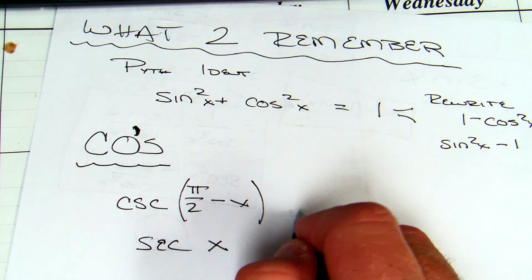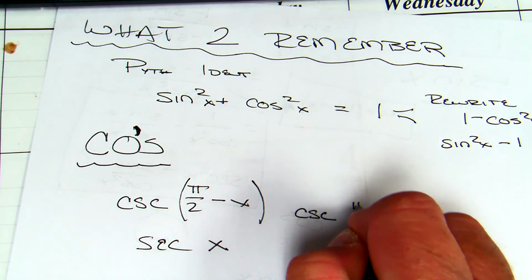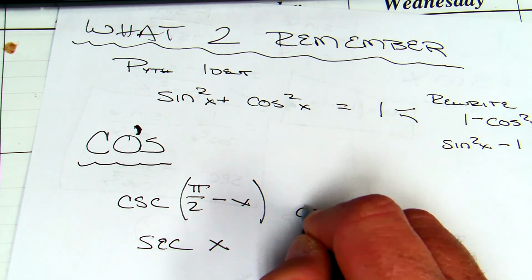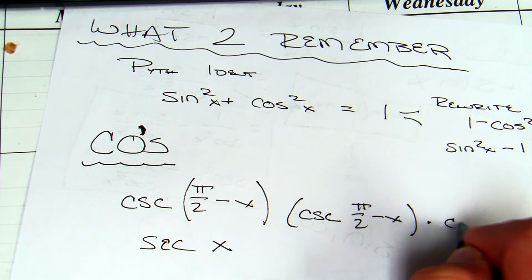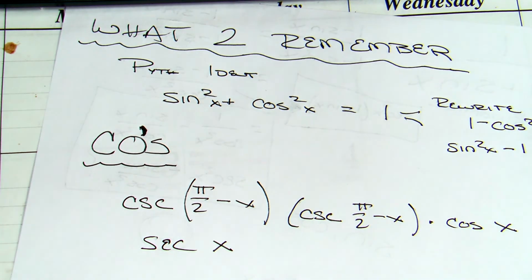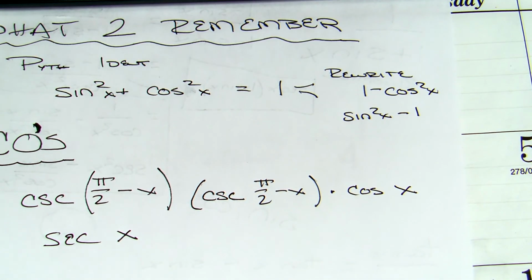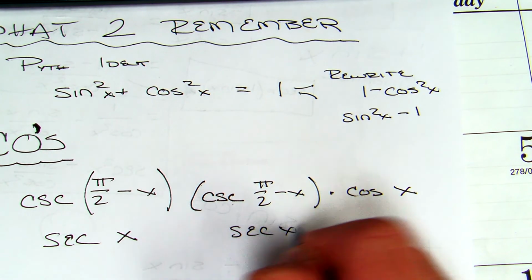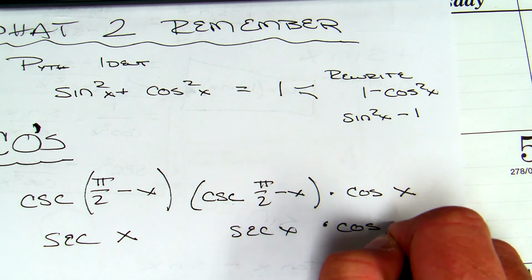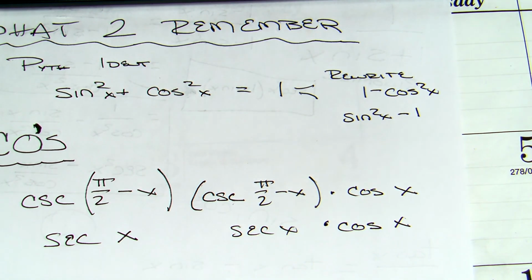So I would expect you to see, if I have cosecant of pi over 2 minus x times cosine x, for example, then that's secant x times cosine x. So now you've got half the point.